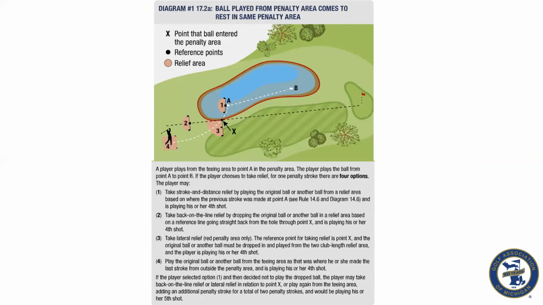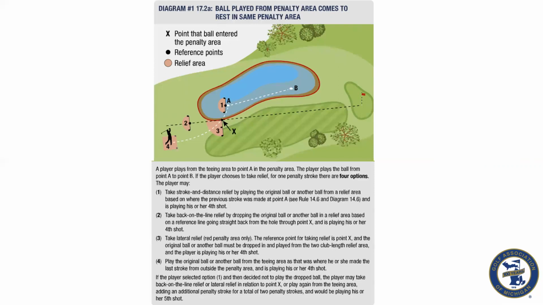So this is one that's really commonly misunderstood. It's going to be a 1, but it will be a 2 if you go back and drop at point A and then decide that you can't play it. Yeah, 1 for the drop and 1 for getting out of the penalty area. Correct. This is just the old regression rule, right?